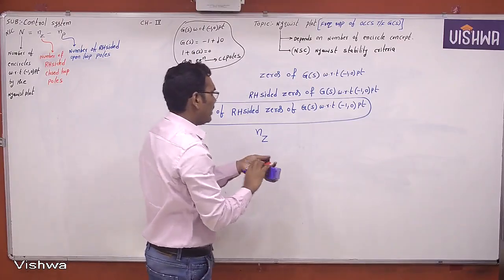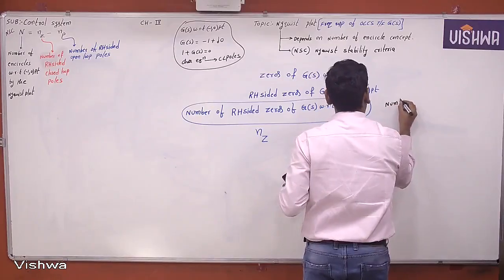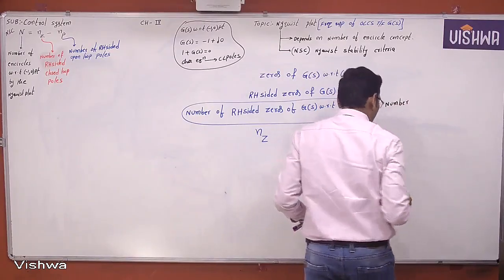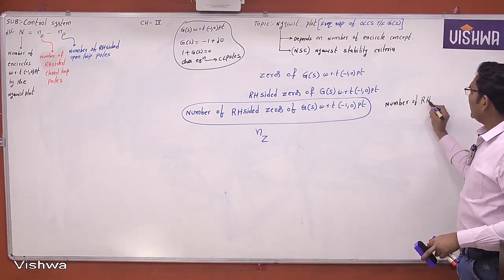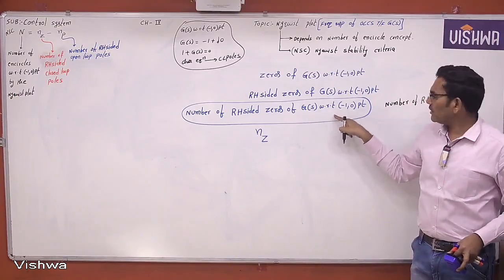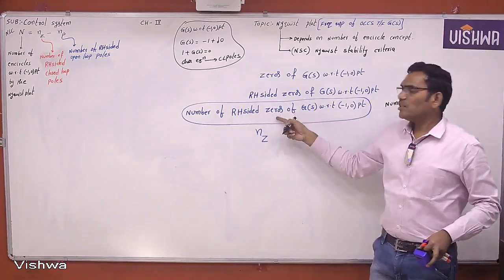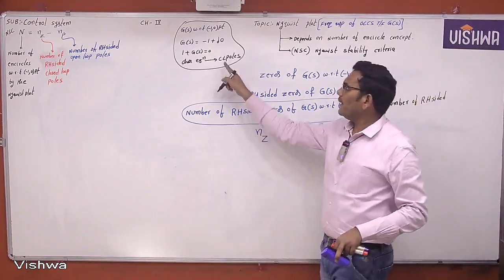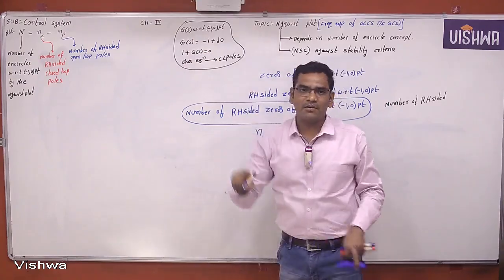That is the reason why this is exactly the same as the number of right-hand sided... Now G(s) with respect to the -1, 0 point is nothing but only closed loop poles. These zeros are now named closed loop poles when G(s) is studied with respect to the -1, 0 point.